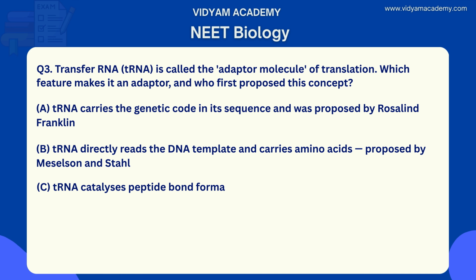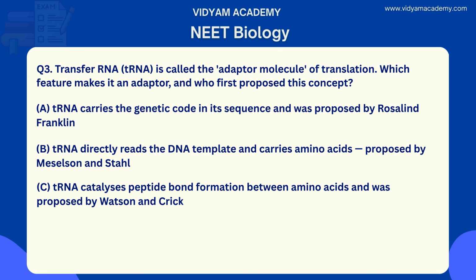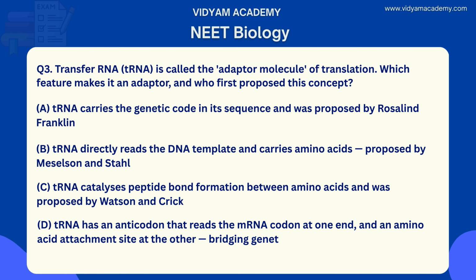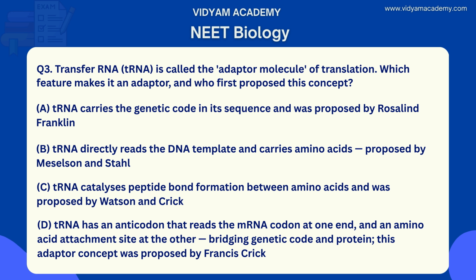Option C: tRNA catalyzes peptide bond formation between amino acids and was proposed by Watson and Crick. Option D: tRNA has an anticodon that reads the mRNA codon at one end and an amino acid attachment site at the other, so bridging genetic code and protein. This adapter concept was proposed by Francis Crick.